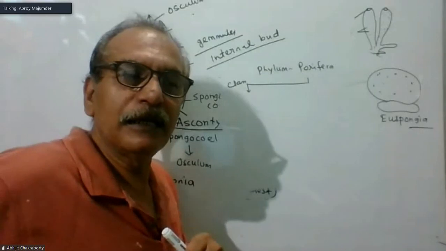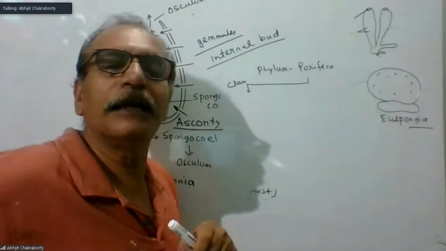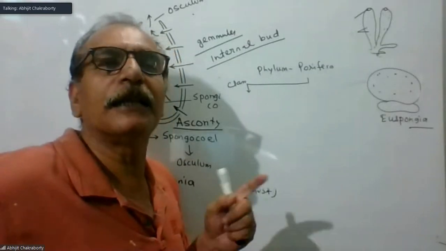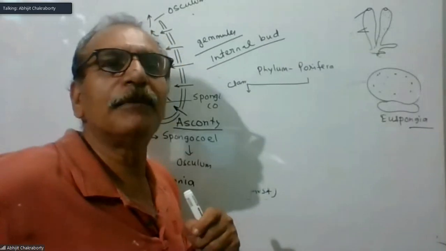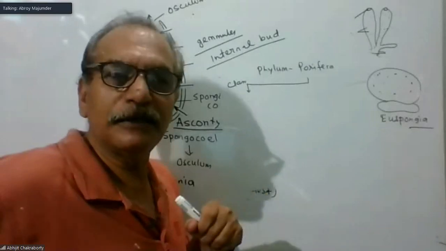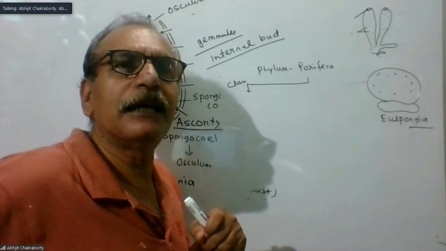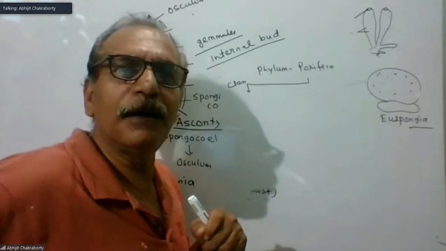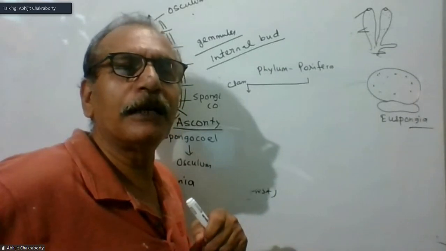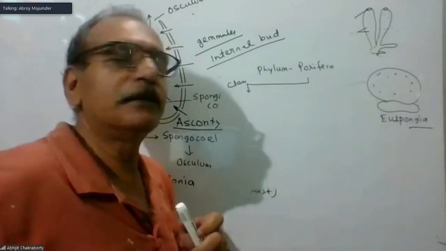But if male sex organ is developed in one animal and female sex organ is developed in the other animal, then the term used is dioecious. I think I discussed it while discussing Marchantia. Can you remember Marchantia is dioecious? Antheridiophore and archegoniophore are developed in different thallus.